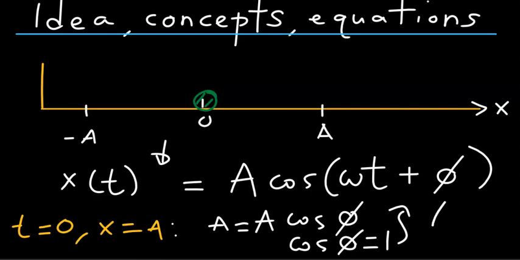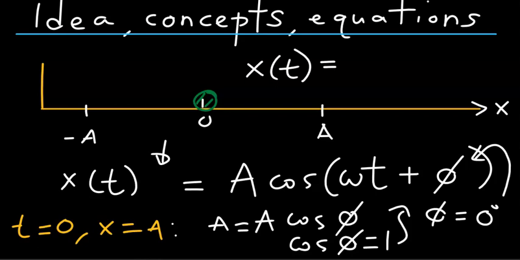That means phi is 0 degrees. So substituting 0 in here, you see that in this case, the expression for the variation of coordinate for this particular simple harmonic motion can be quite simply written as a cosine omega t. So now you see how both cosine and sine functions can be used to represent a simple harmonic motion.